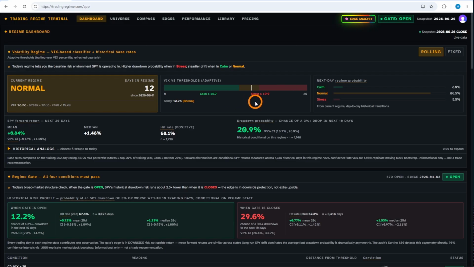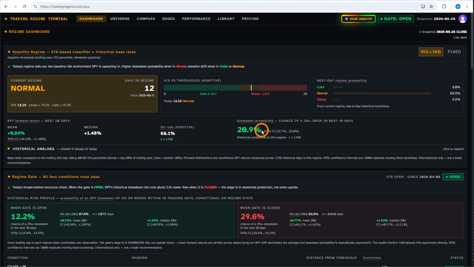For instance, as of Friday close, and this is on June 26, 2026, the stress level overall would be greater than 19.9. So if we spike above 19.9 on the VIX, then we're in a stressed volatility regime. That's going to increase our drawdown probability of greater than 3% in the S&P 500 in the next 10 days.